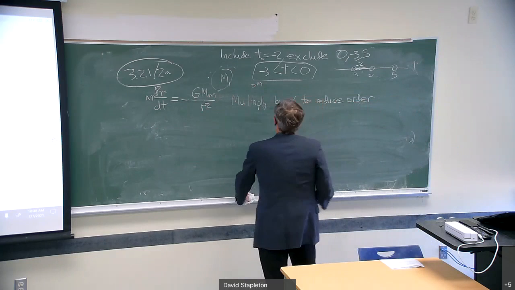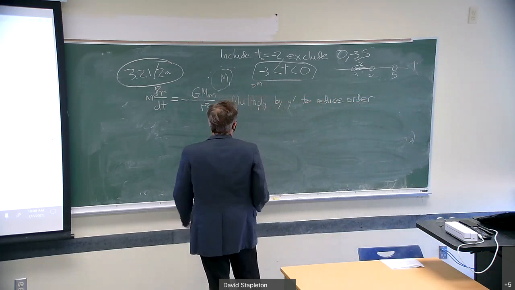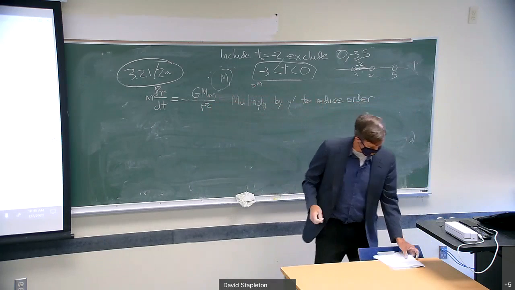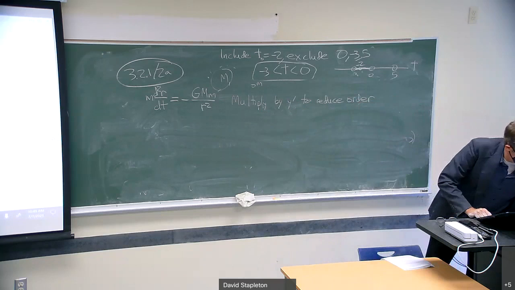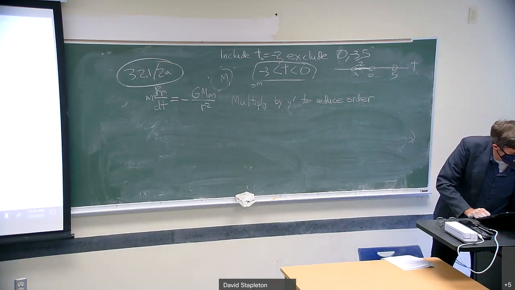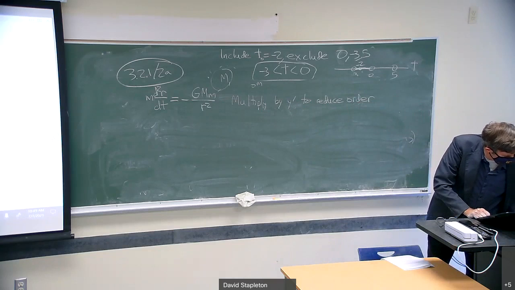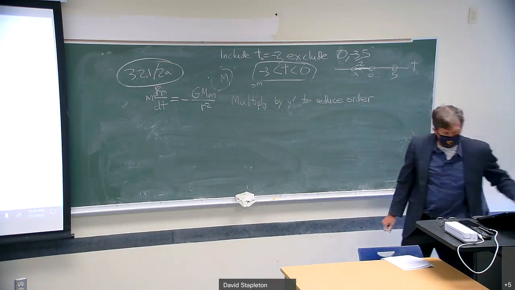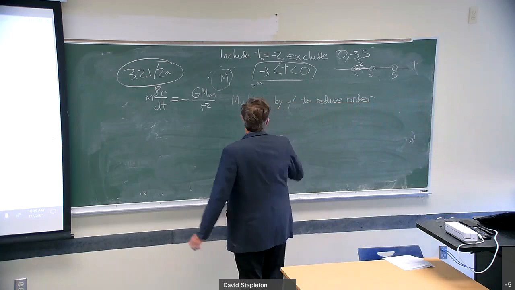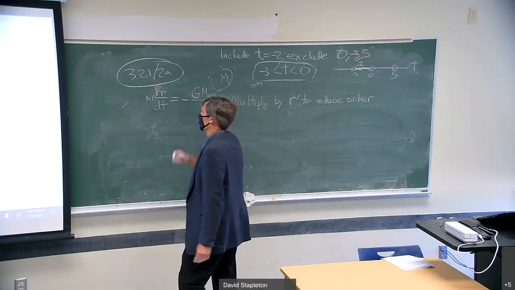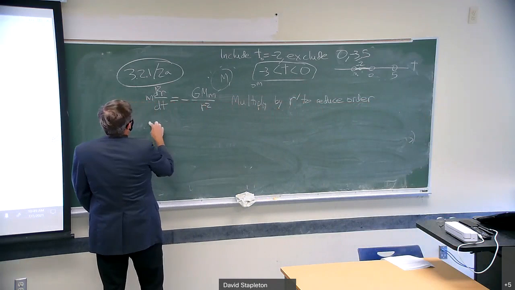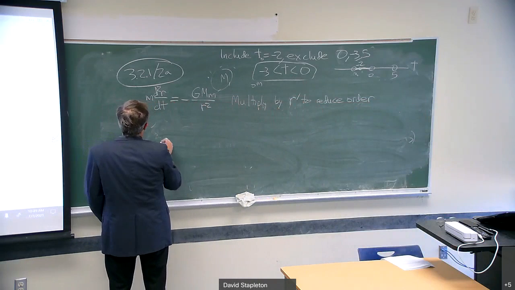And what you can do, oh, I said multiply by y prime, but that should be r prime. I said if it's of the form y double prime, I should have said r prime. So multiply by r prime on this one, since r is the variable. I divide through by m, that might help me.